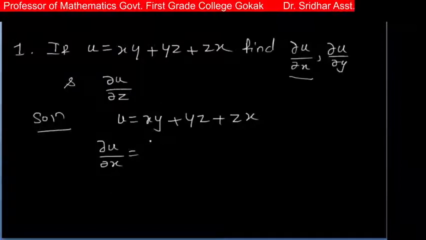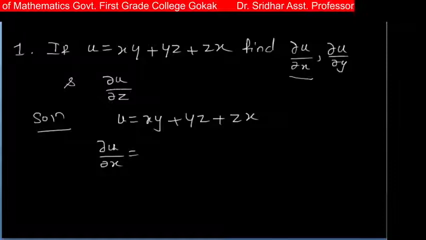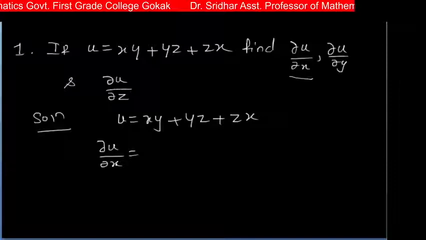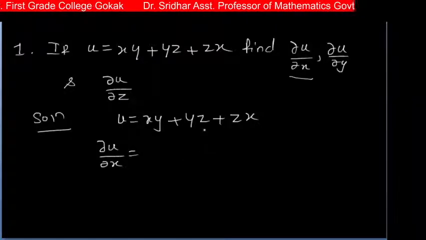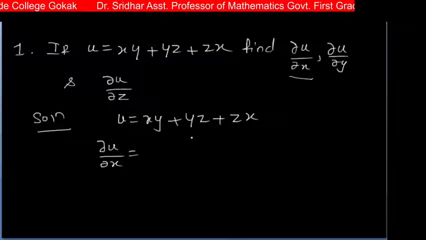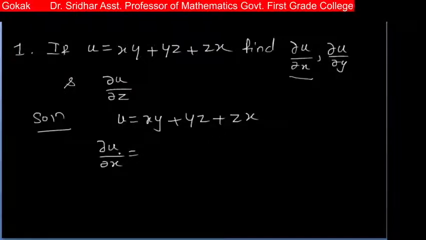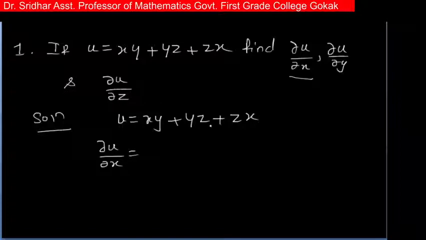Now as I already told in the last class, ∂u/∂x means differentiating with respect to x. So while differentiating with respect to x, we keep y and z as constant.